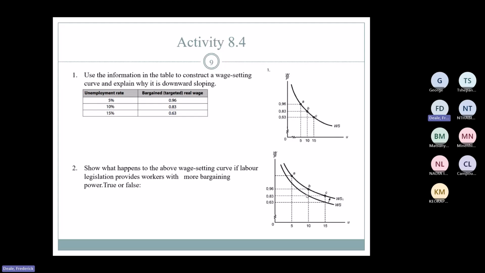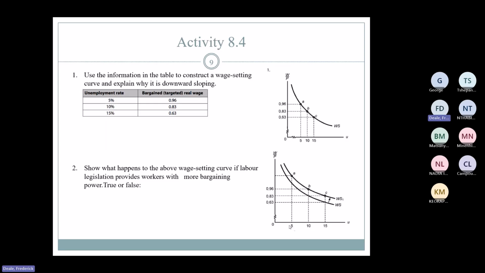So more bargaining power is not just a move along the curve. A change in the unemployment rate is a move along the curve. So you move from A, B to C, right? That's a change in the unemployment rate. But a change in bargaining position shifts the curve.